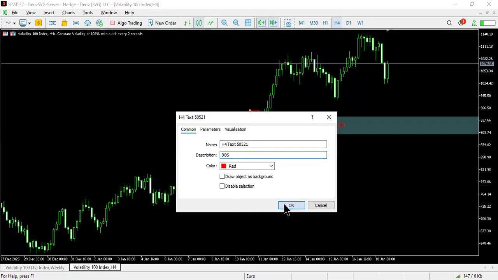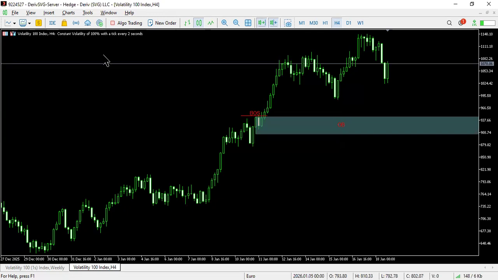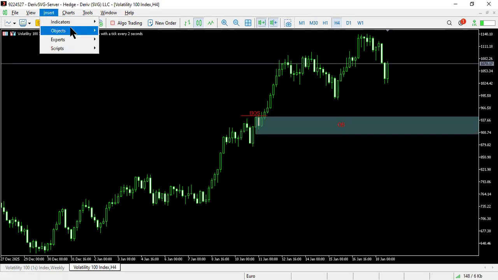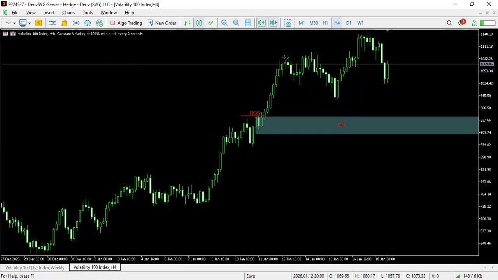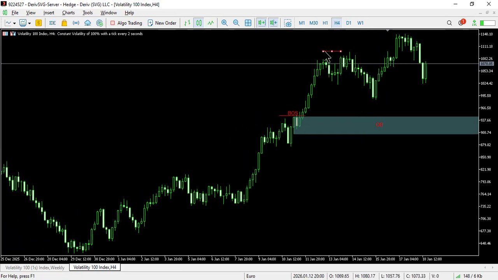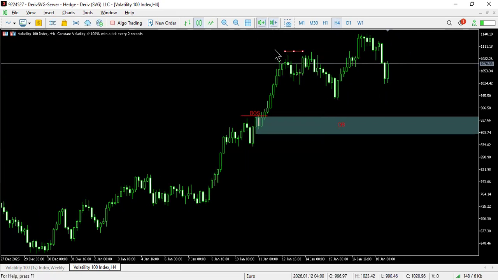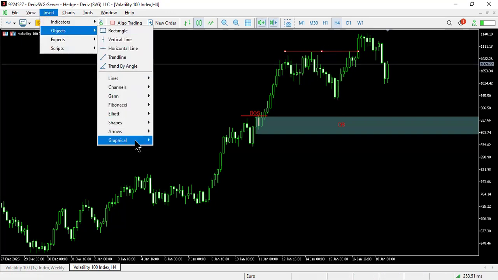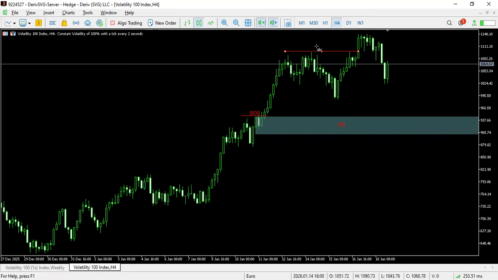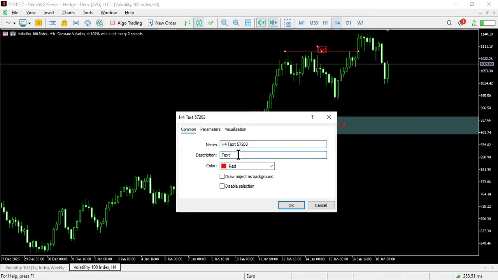So we have a break of structure right there. And then you can also see a break of structure there. We can also see a break of structure right there.